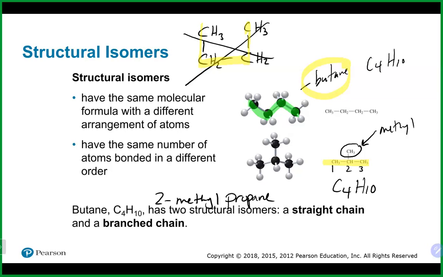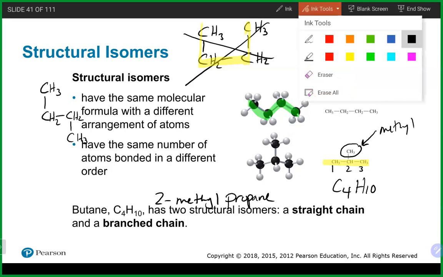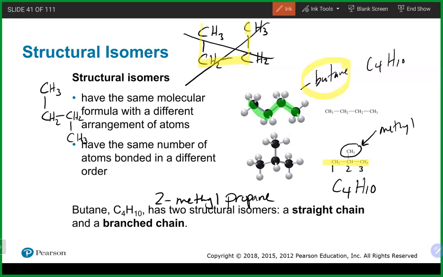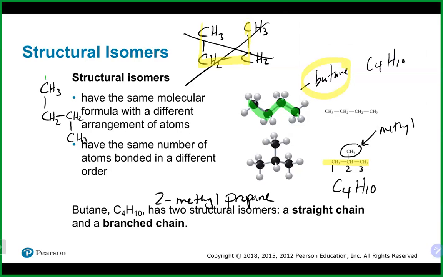If I did something like this, would this be an isomer? What's the name of it? This would still be butane as we go 1, 2, 3, and 4, and we're out of carbons.